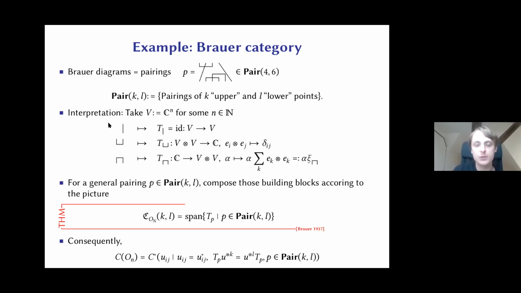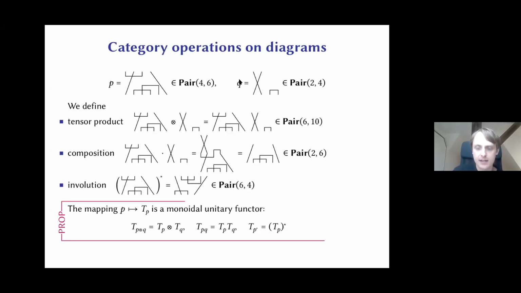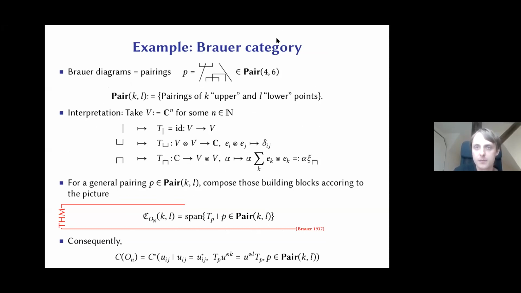And now I want to give some interpretation to those diagrams, and I do it as follows. Starting with the diagram, I can put at each point a copy of some vector space V, where V is something like C^n.